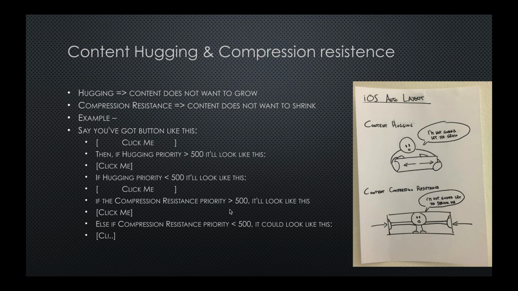Whereas for content compression resistance, if it is high, it will not shrink, and if it is low, it will shrink. High means it will not allow this "Click me" to shrink and cut off, whereas if it is low, the "Click me" will be cut off.